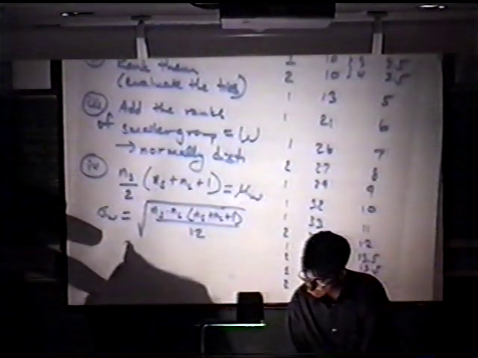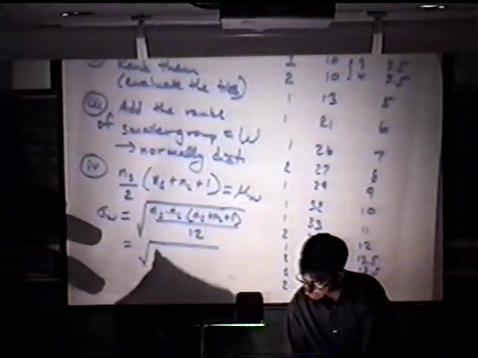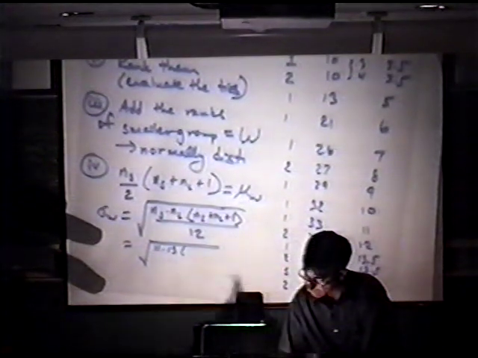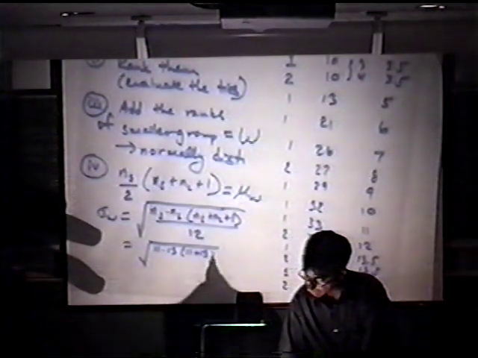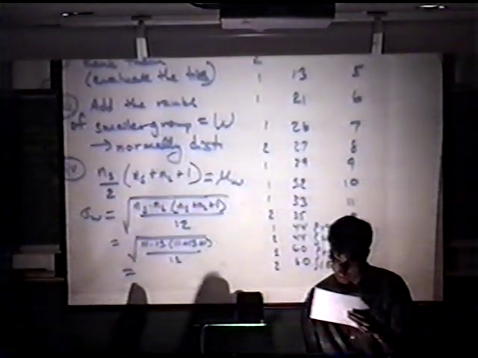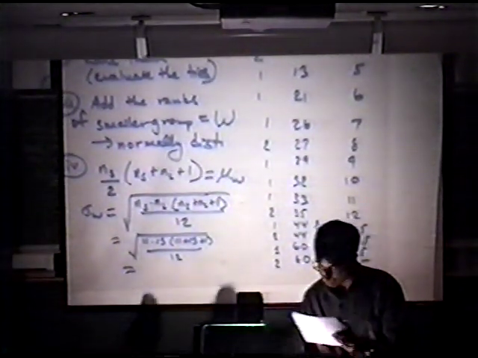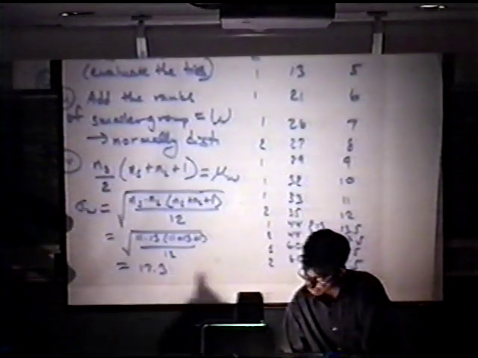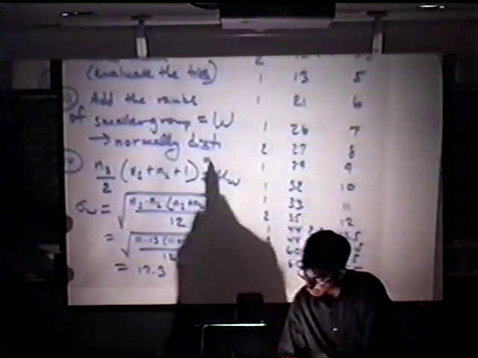And we can plug that in. In this case, it's the square root of 11 times 13 times 11 plus 13 plus 1, all over 12. When you calculate that out, it just becomes 17.8.